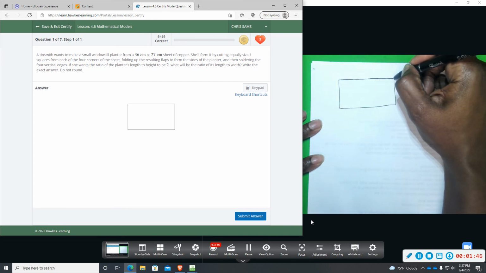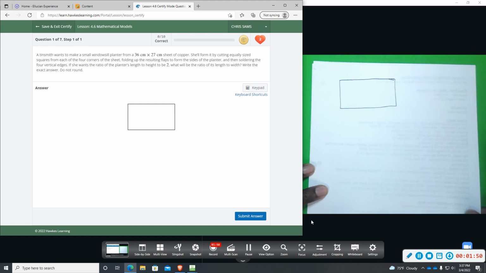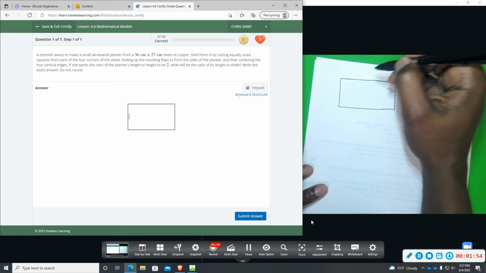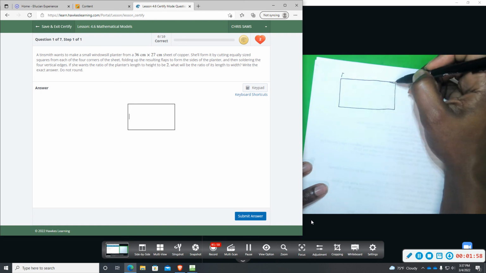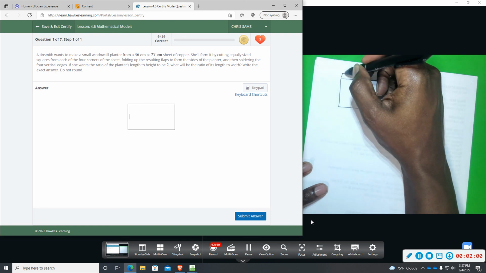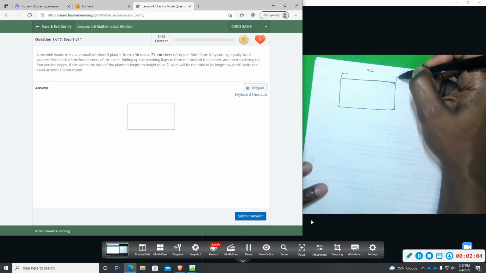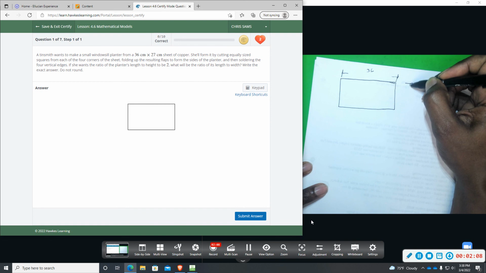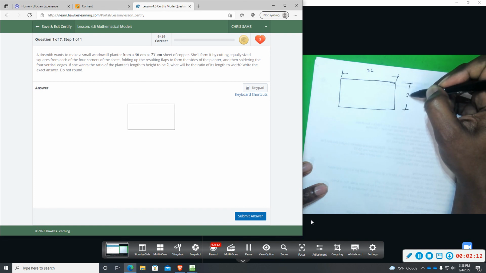They didn't say which side represents the length and which side represents the width, so we're going to just go with the long side being the length. So this side, from end to end, is going to represent the 36. And on this side, end to end, is going to represent the 27 centimeters.